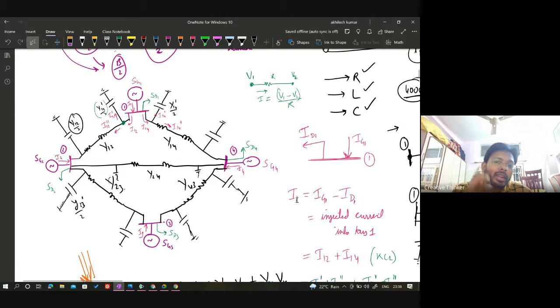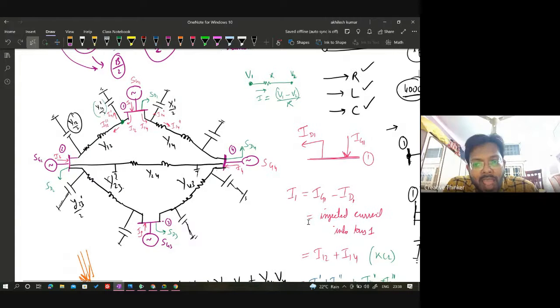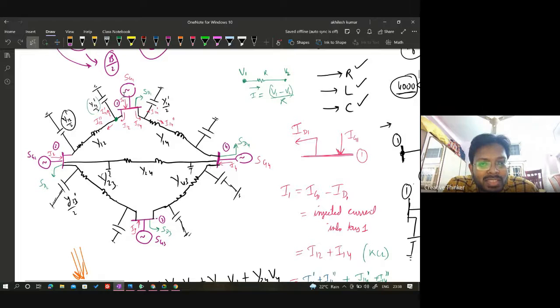When I write I1, I2, I3, that should be understood as the net current injected into the bus. So if I write I1, it means injected current into bus 1. Suppose some current flows from 1 to 2 in this direction.